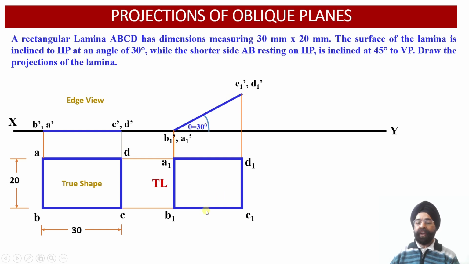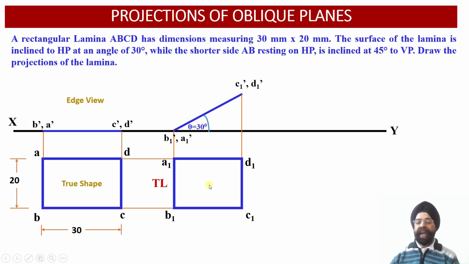The reason for this reduction in the length of the edges B1, C1 and A1, D1 is that these edges happen to be inclined at an angle of 30 degree with respect to the horizontal plane. So that is why we see the foreshortening or the reduction of these two edges in the top view projection.